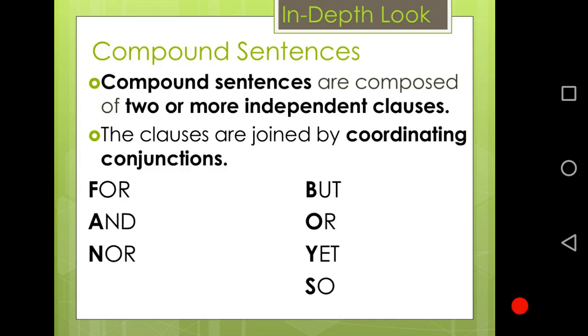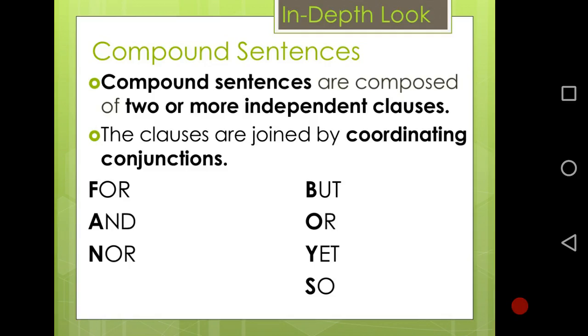But its structure is rather strange, because it is nor plus auxiliary verb plus subject plus main verb, that is, the base form of the verb. Like nor will I live here: will is the auxiliary verb, I is the subject, and live is the base form of the verb. So it is rather difficult, and you need to understand it.